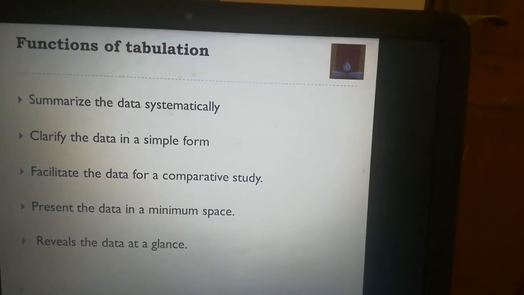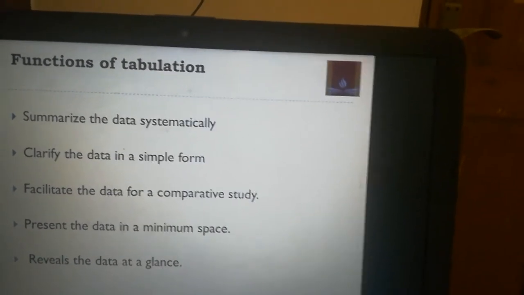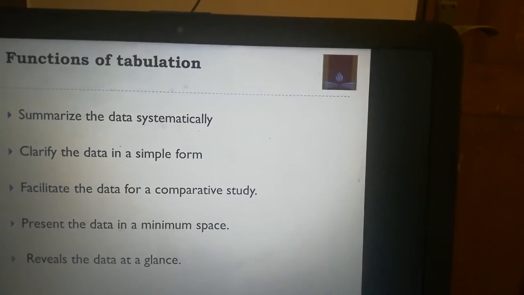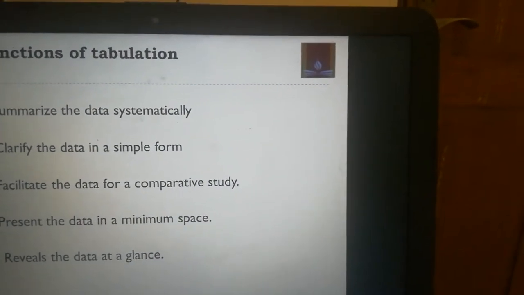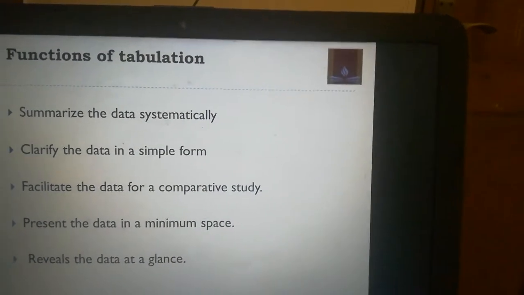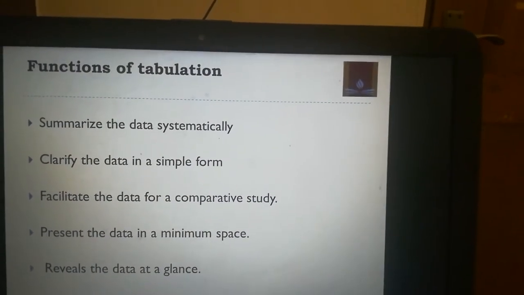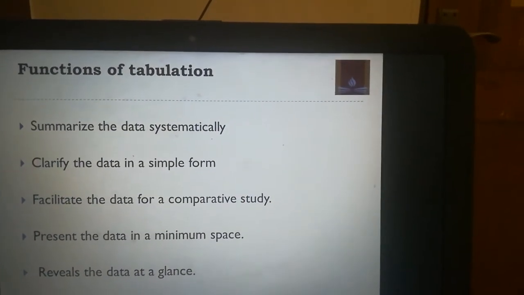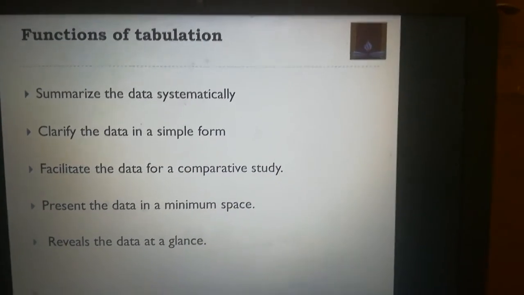So once the table is ready, we can compare the data with another one, maybe with the standard one or with other similar studies conducted, etc. And we can represent the entire data within a minimum space, and it reveals the data at a glance, or we could say that the table gives a bird's eye view of the entire data. So these are some of the functions of tabulation.